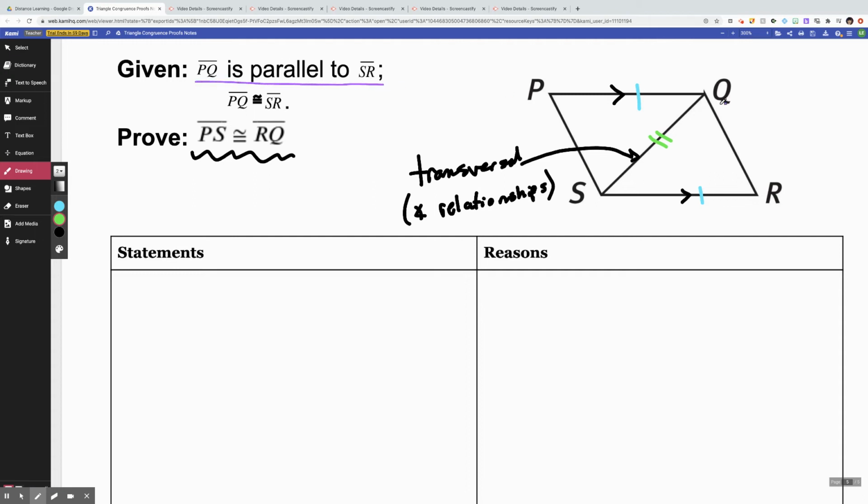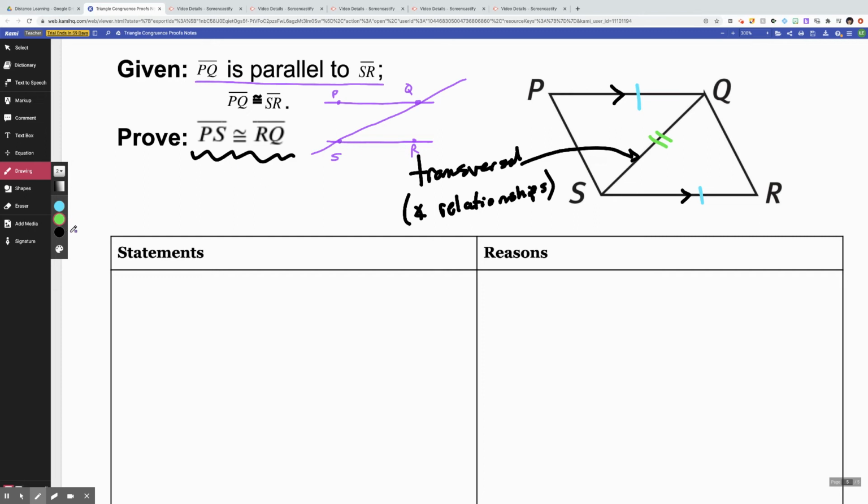I know that those two lines are parallel. If you take this shape and write it out a little differently, say here's PQ, and here's SR, we have this transversal that's cutting through them.